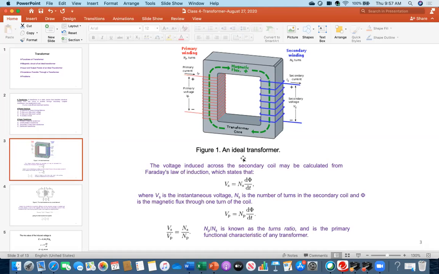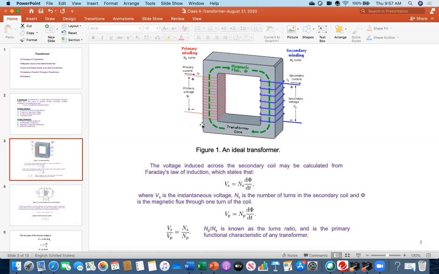In real practice, there is some resistive loss because inside the coils, even though small, there will be some resistance value. But when I am using the term ideal, I am assuming those are pure coils, there is no resistance. That is the meaning of the ideal transformer. Everybody keep in mind.